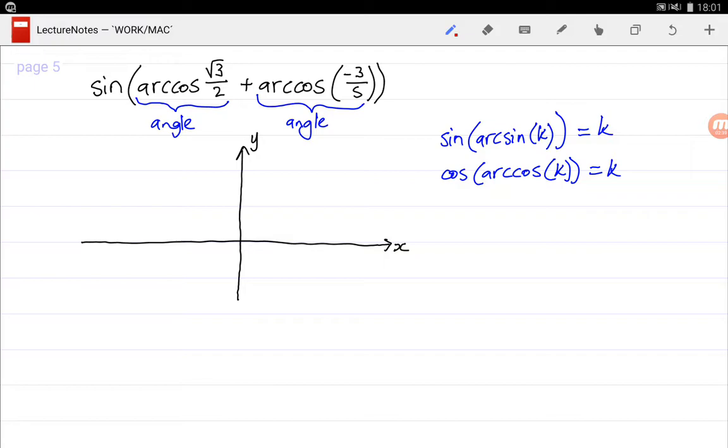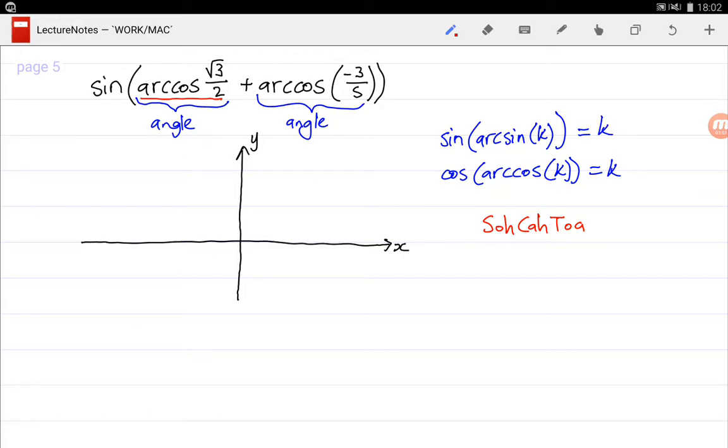I think we're going to use a red pen. Makes sense. Okay, so first we're going to start with this specific angle. This is a right angle triangle, like I said. So we know that through SOHCAHTOA, you should know this, or better yet, just know how the whole thing works. So this is arc cos of √3/2.